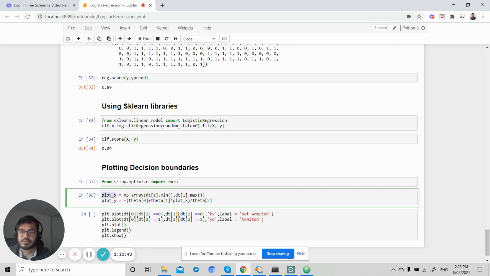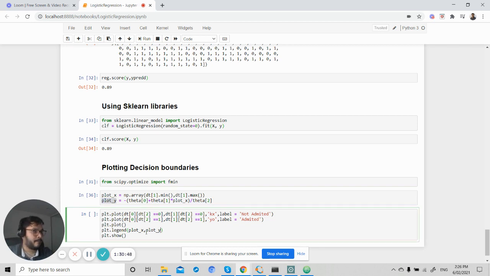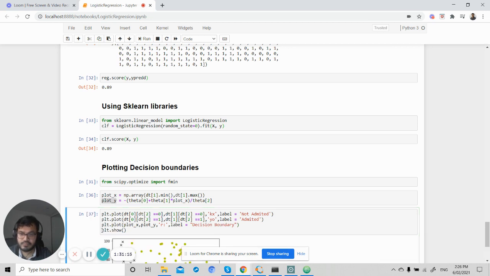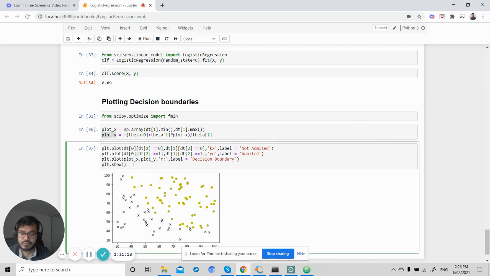Let's repeat my x and y, separated by r, and label this with an extension.